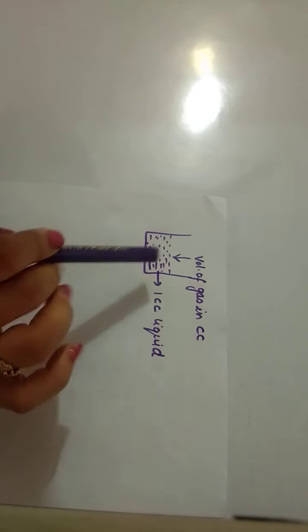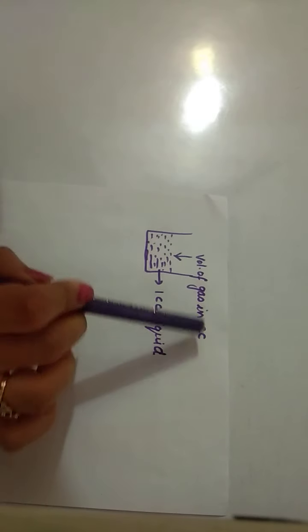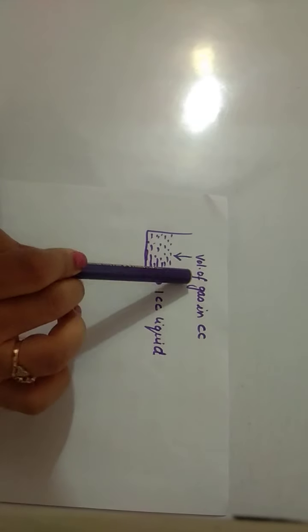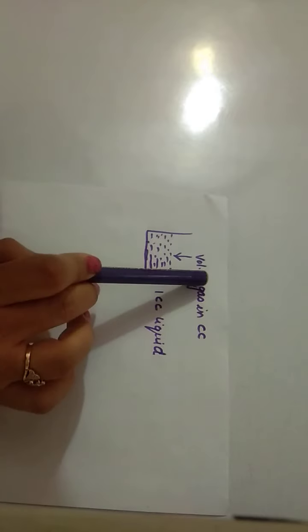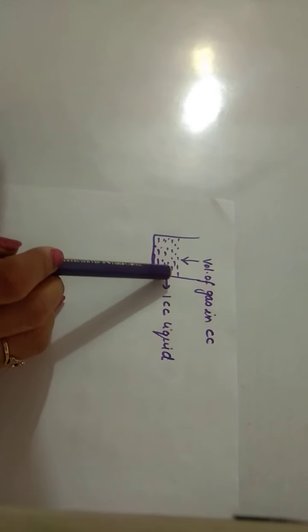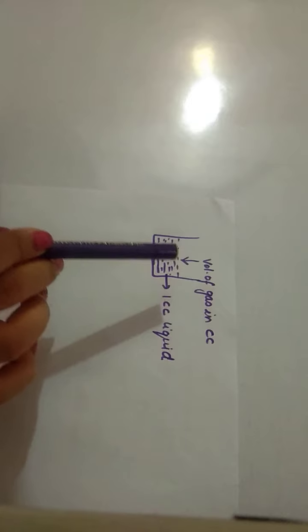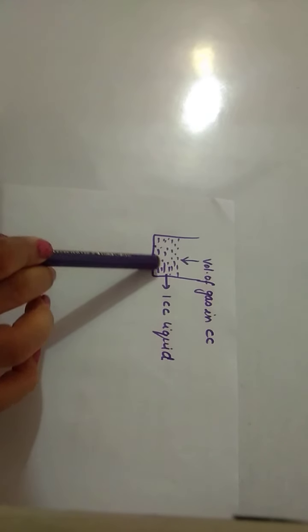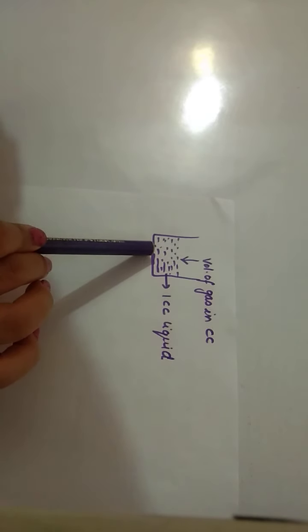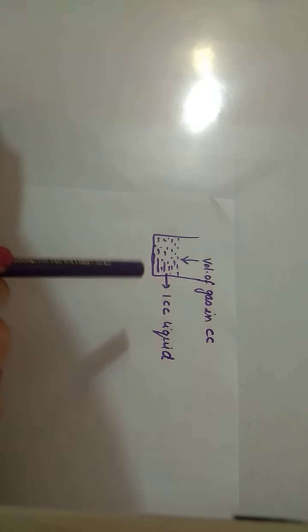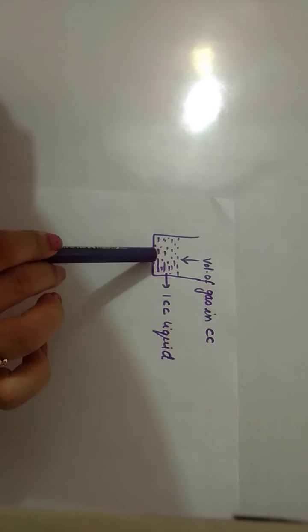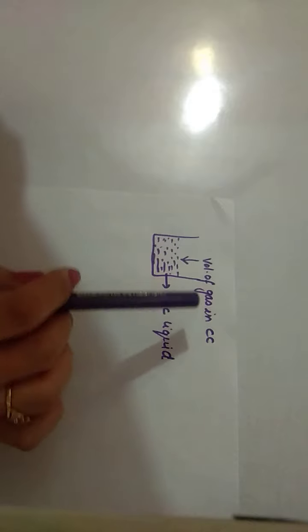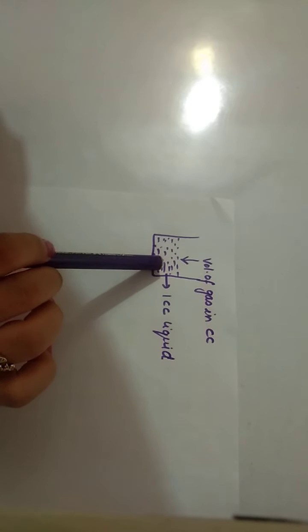The volume of gas that is easily dissolved in 1 cc of liquid at a certain temperature and at 1 atmosphere pressure is known as the solubility of any gas in a particular liquid.